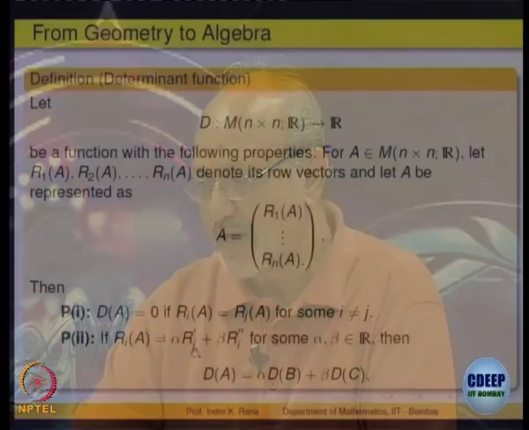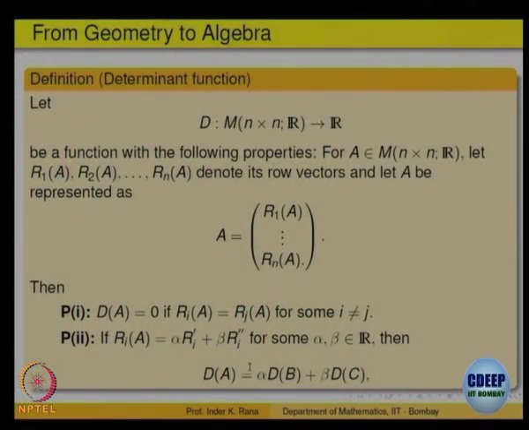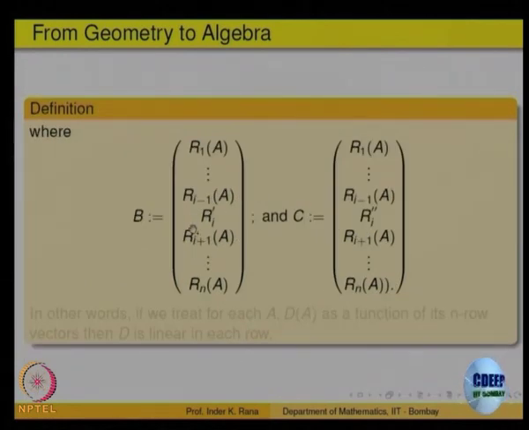So, only at the ith place the rows are ri dash and ri double dash, everything else is the same. That says that if a row is a linear combination, then the corresponding values are linearly added. So, if the ith row is alpha ri dash plus beta ri double dash, then the determinant of A is alpha times the determinant of B plus beta times the determinant of C, where in B the ith row is ri dash, and in C the ith row is ri double dash.